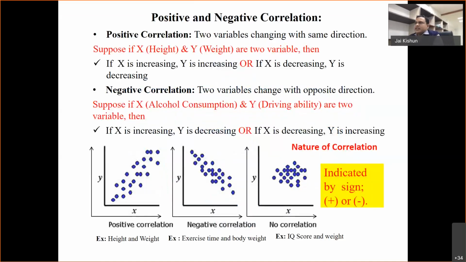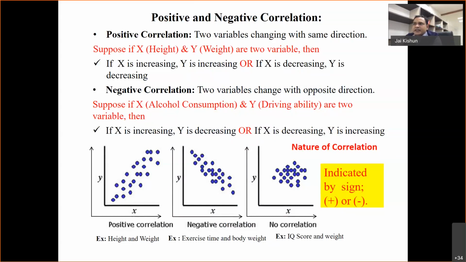So the first is positive or negative correlation. The correlation is said to be positive if the two variables are changing in the same direction. Here we have taken an example. Suppose x is your height and y is weight. These are two variables, x and y.